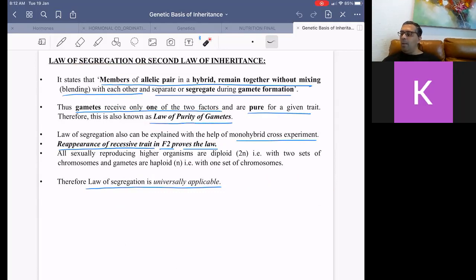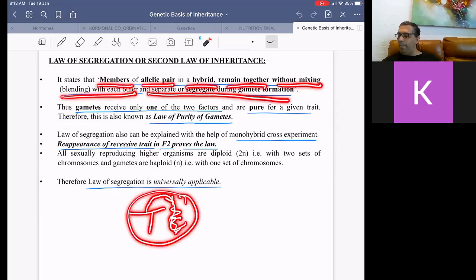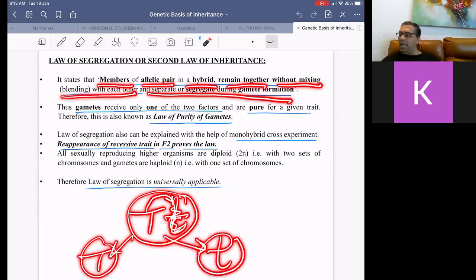So once again, members of an allelic pair in a hybrid remain together. Capital T, small t remain together without mixing or blending with each other. Capital T does not contaminate small t. And they separate or segregate during gamete formation, and each gamete receives one of the two factors and is pure.